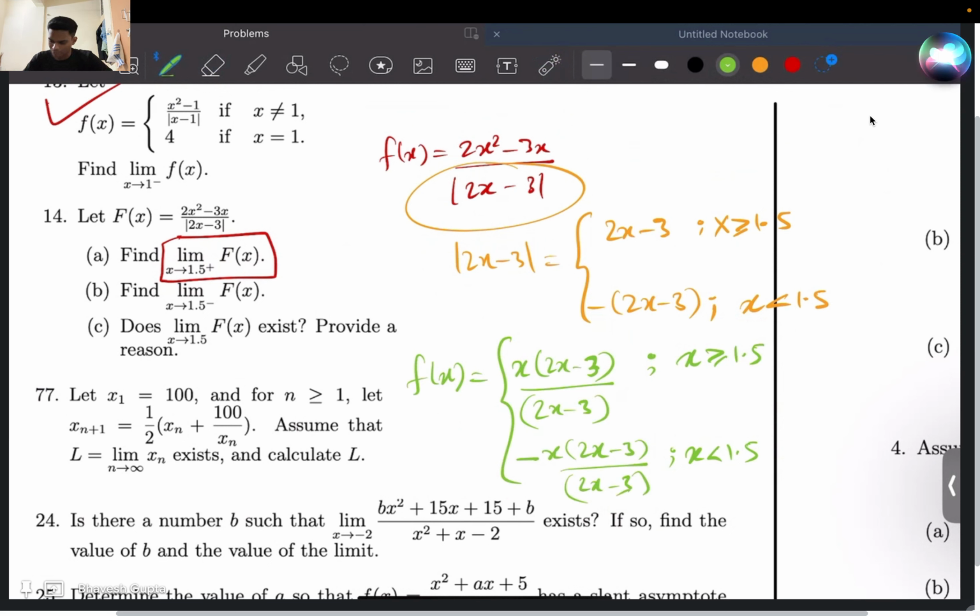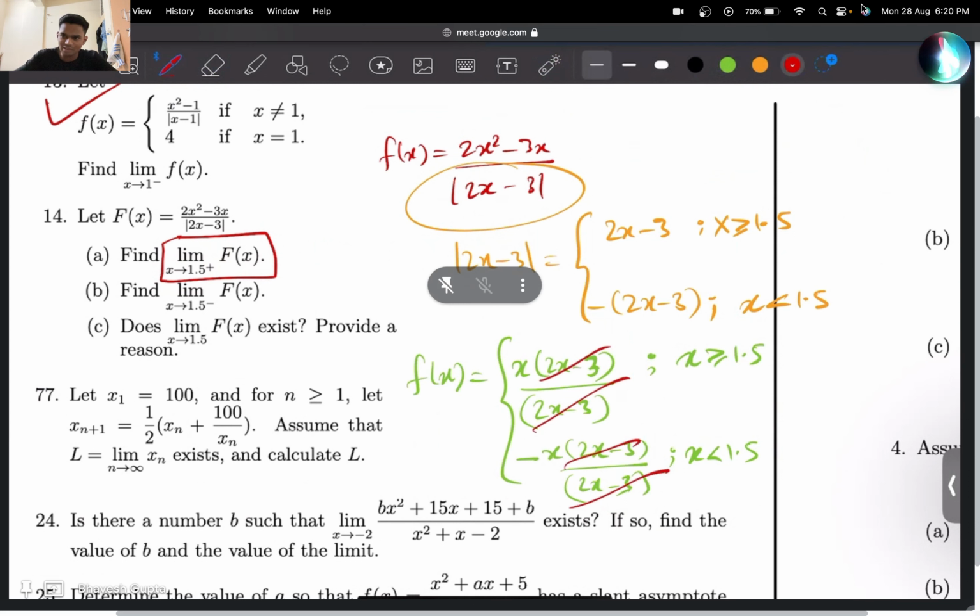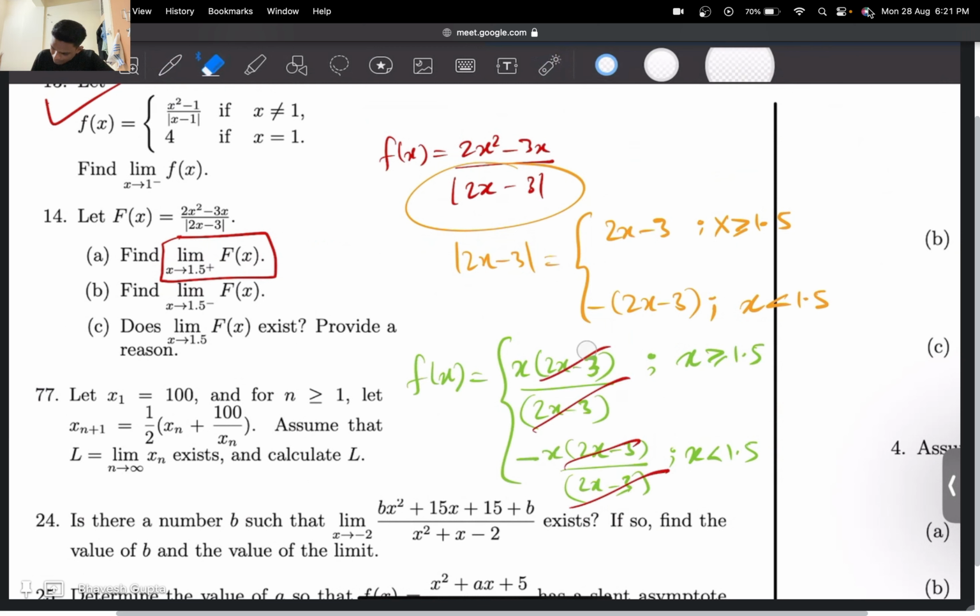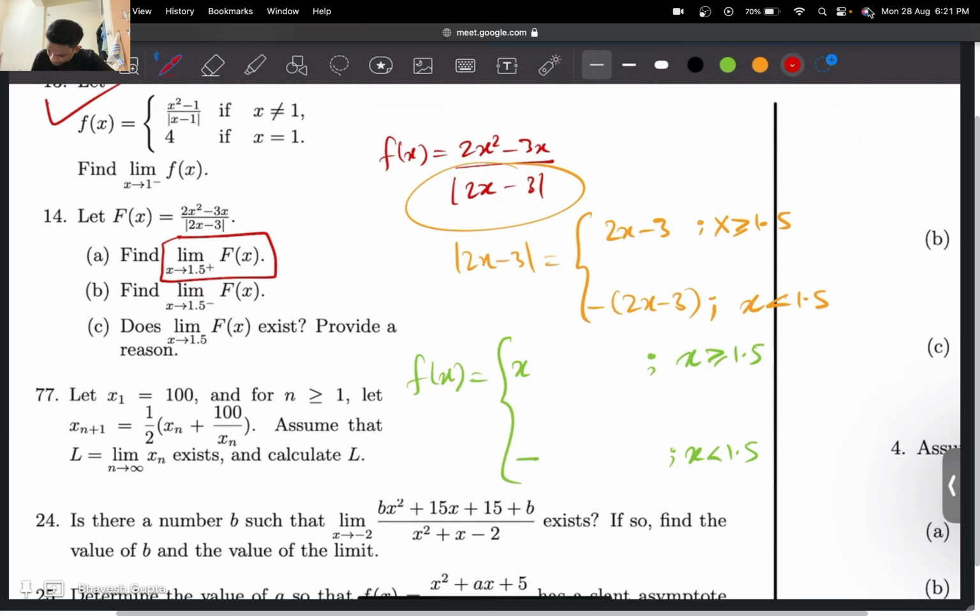Then you just have to do simple cancellation, because this can get cancelled. The reason we can cancel is that these quantities are not exactly 0. They are very close to 0, but not exactly 0. Since they are the factor which was responsible for the indeterminate form, the moment you cancel them, you're left with just x and minus x.